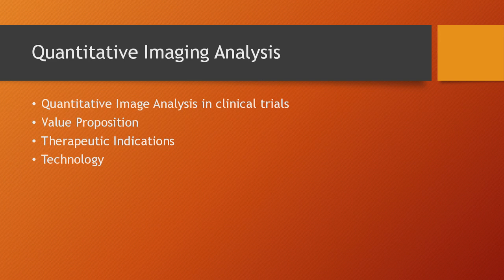So, for example, in the field of neuro, we measure the volumes, the atrophy, the white matter lesions, and the iron deposition in the brain because it's related to some diseases like Parkinson's and amyotrophic lateral sclerosis.